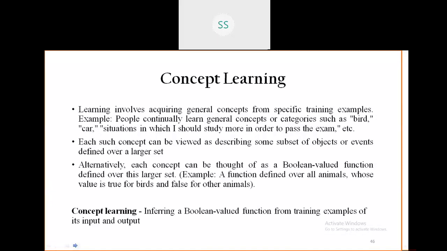Alternatively, each concept can be thought of as a boolean valued function defined over this larger set. Boolean valued function in the sense that whether you have chosen that particular object or event or not. If you have chosen that particular object or event, we set it to one, otherwise it will be set to 0.